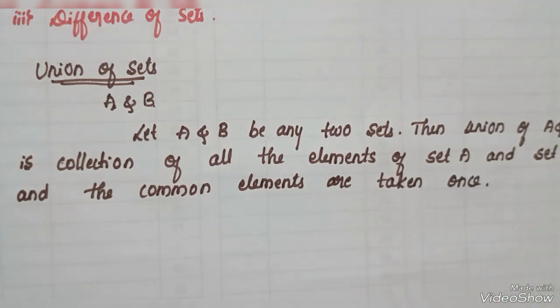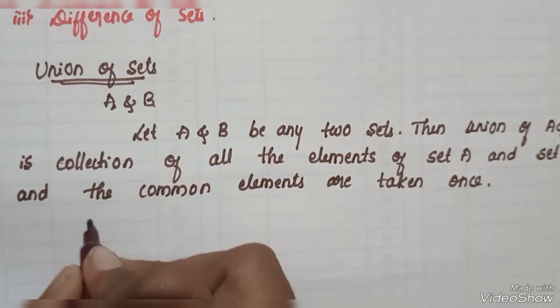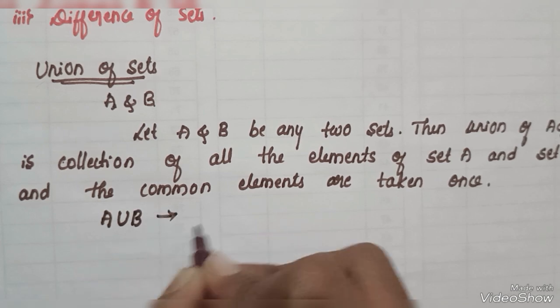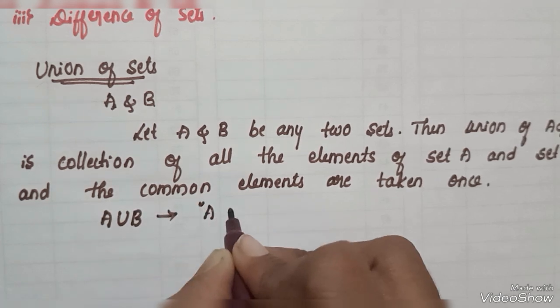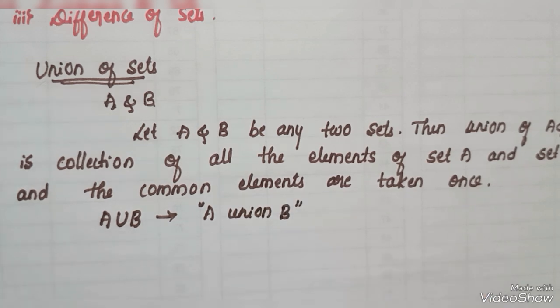This is how we represent A union B. Now I am considering one example.